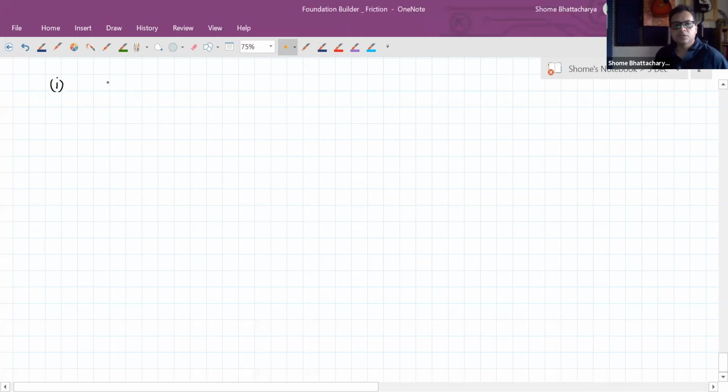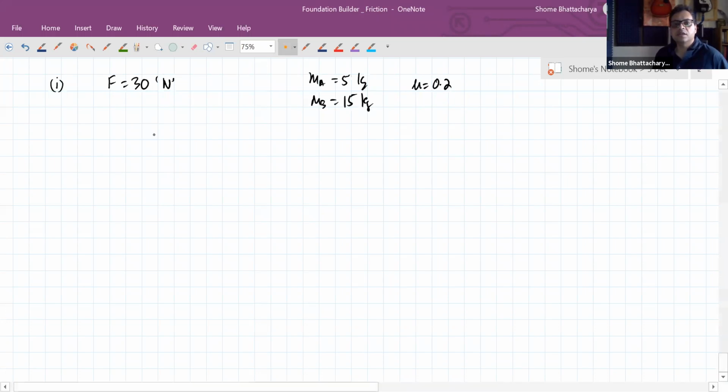Okay. So in the first case, the force was 30 newtons. And remember the masses of the blocks were 5 kg, 15 kg. Coefficient of friction was 0.2. Okay, these were all the things that were given.